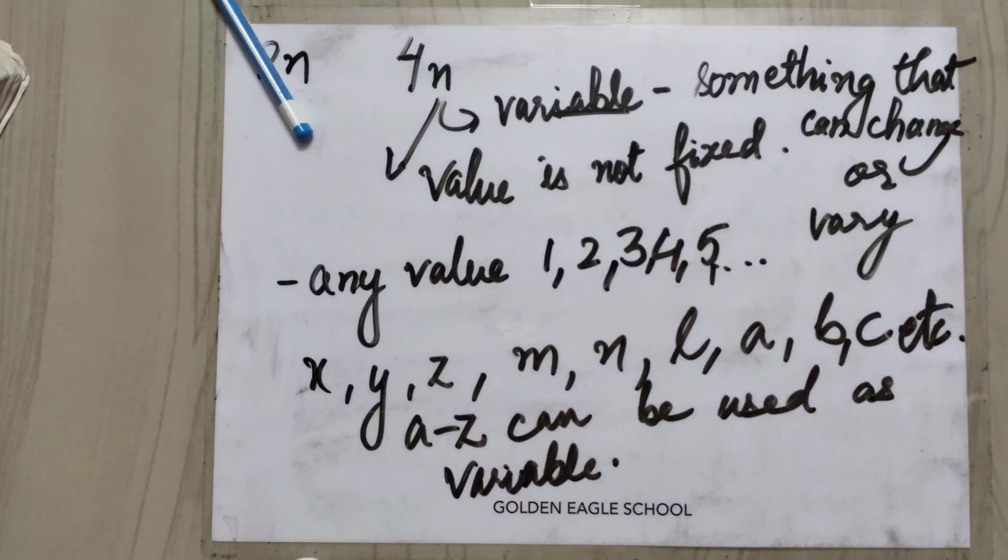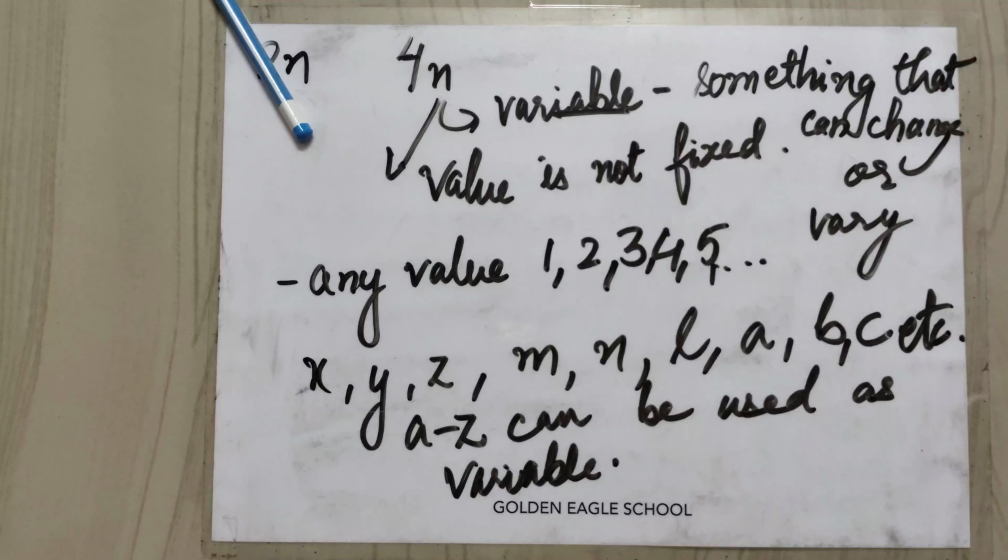Now we are going to take some more examples. For example, students went to buy notebooks from the school bookstore. The price of one notebook is rupees 5. So we can write down here that one notebook is rupees 5.